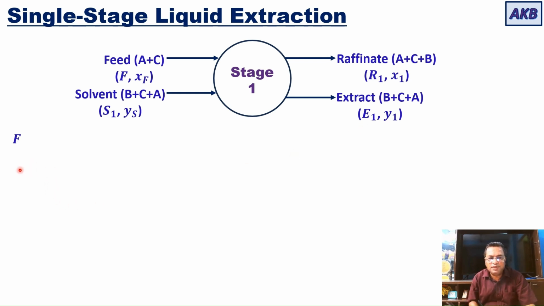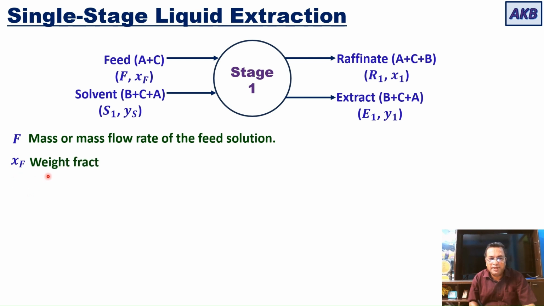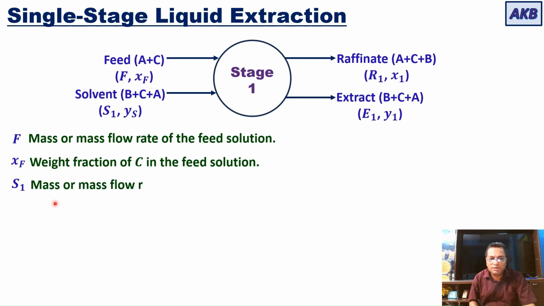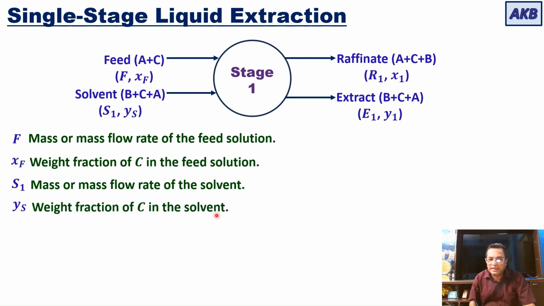Now the notations that we are going to use. F is mass if it is batch wise, or mass flow rate if it is a continuous operation. So F represents the mass or mass flow rate of the feed solution. XF represents the weight fraction of C, the solute, in the feed solution. S1 represents mass if it is a batch operation, or mass flow rate of the solvent phase if it is continuous. YS represents the weight fraction of C in the solvent.